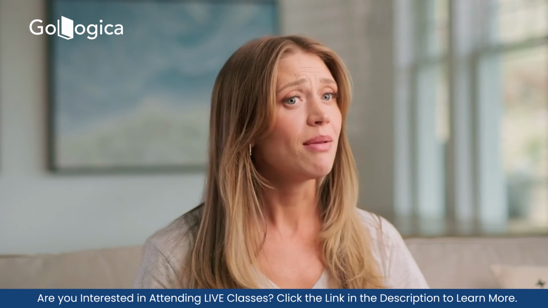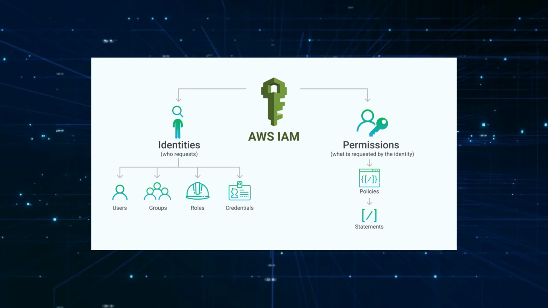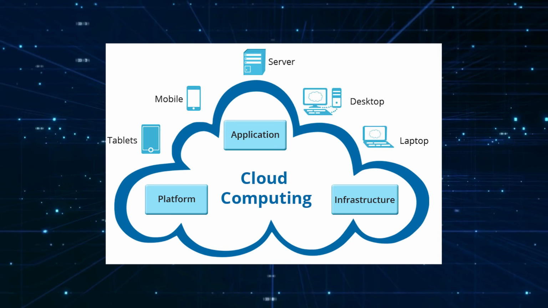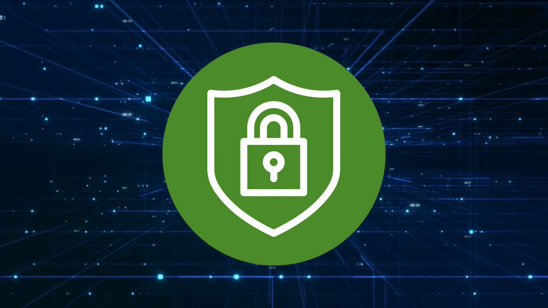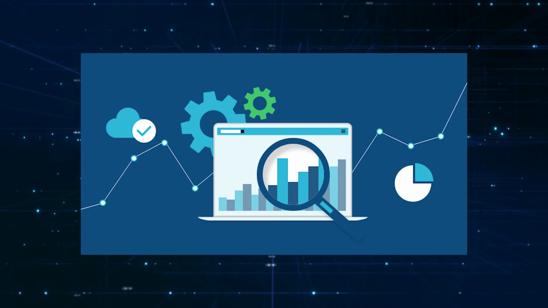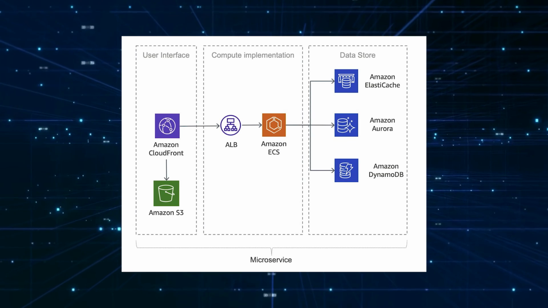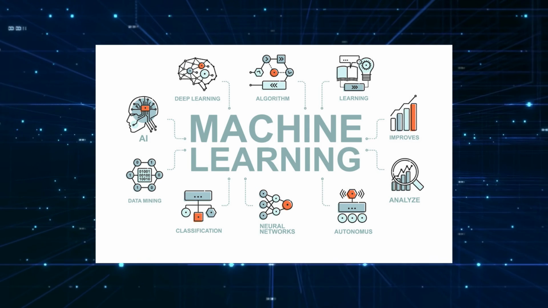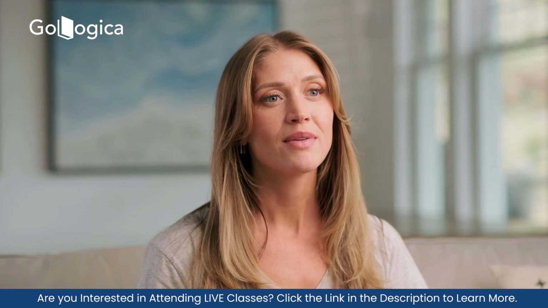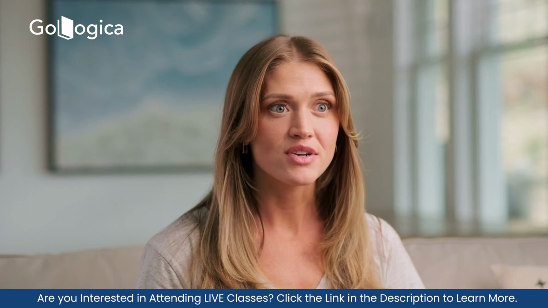Learners will explore topics such as AWS CLI setup, IAM roles and security policies, computing services, storage and databases, networking, security, monitoring and logging, CI/CD and DevOps, microservices architecture, serverless application development, and AI and ML integration. Additionally, the course covers resume building and interview preparation to ensure learners are job-ready.